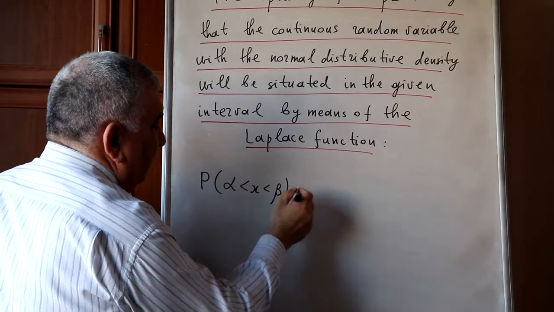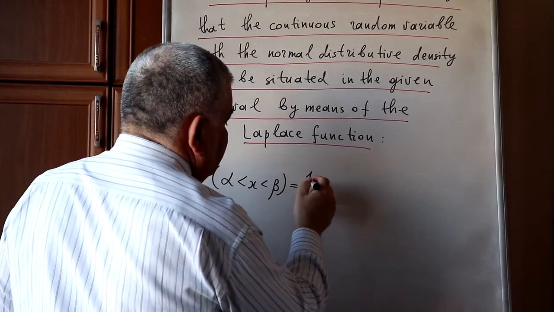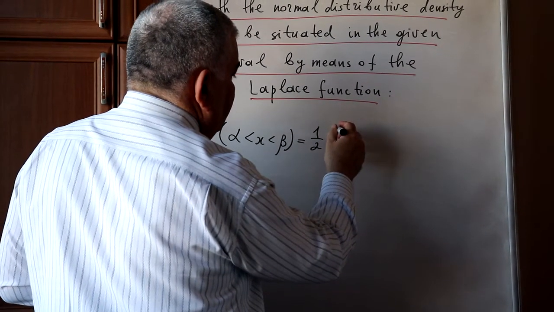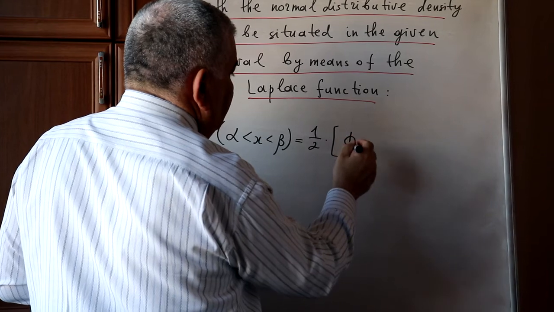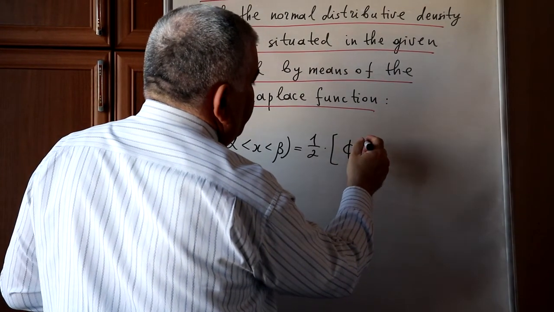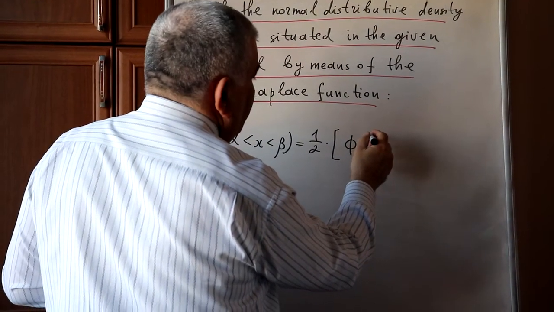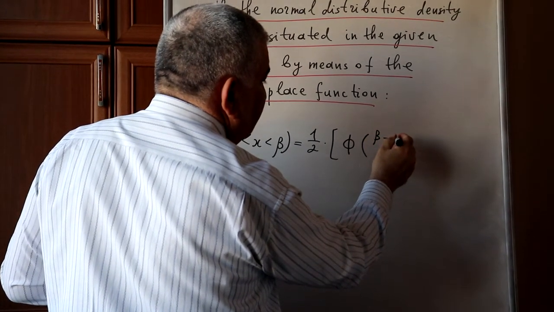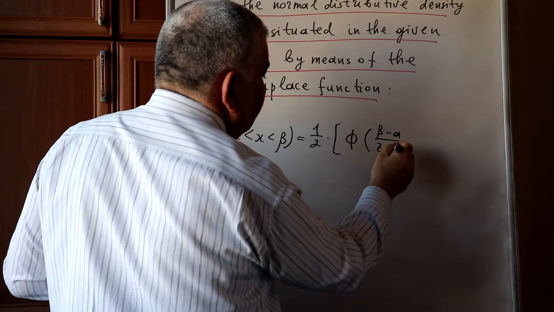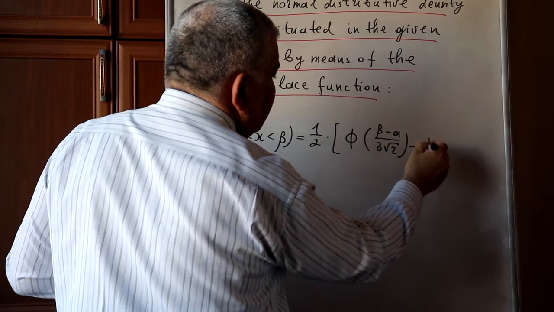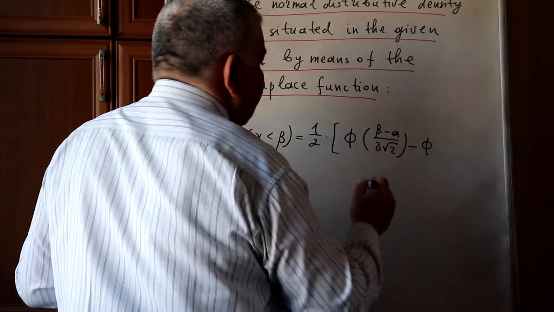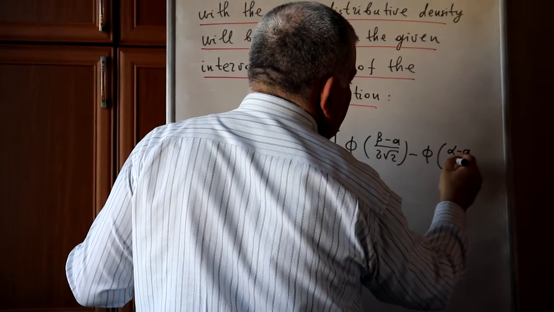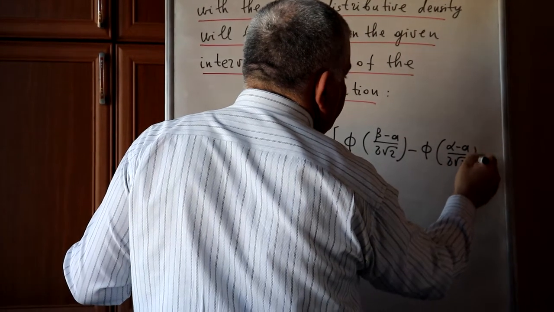Remember this formula, which is 1/2 multiplied by phi of beta minus a over sigma square root of 2 minus phi of alpha minus a over sigma square root of 2.